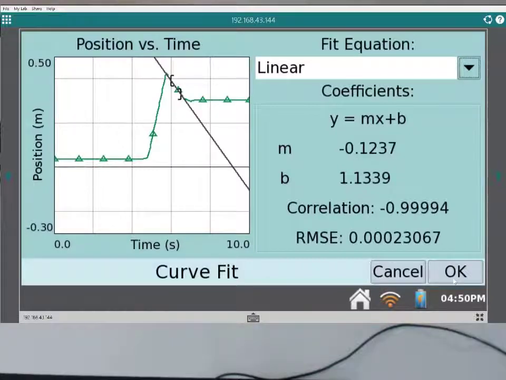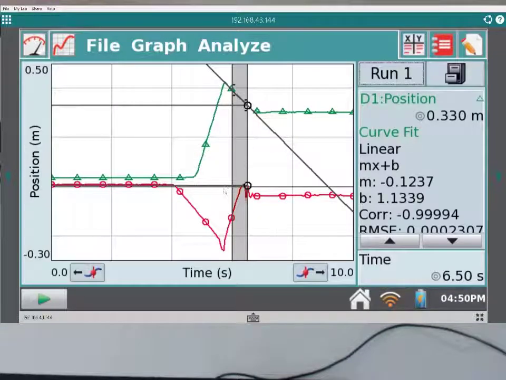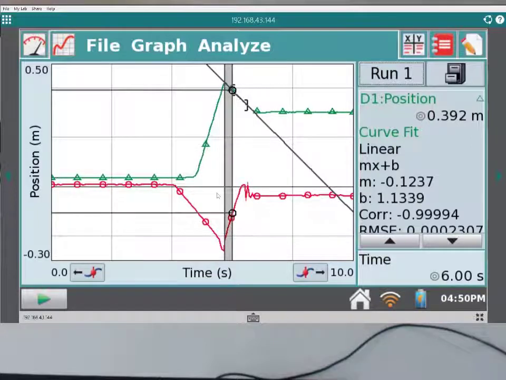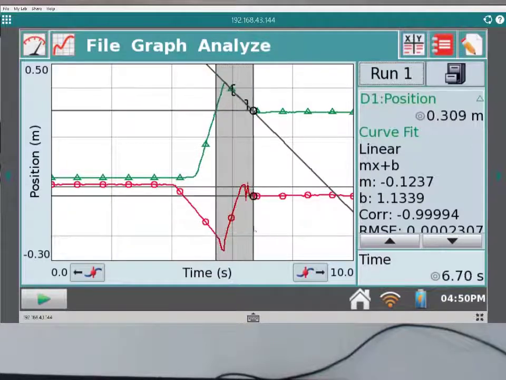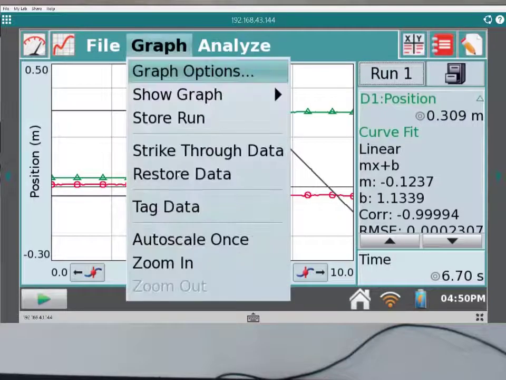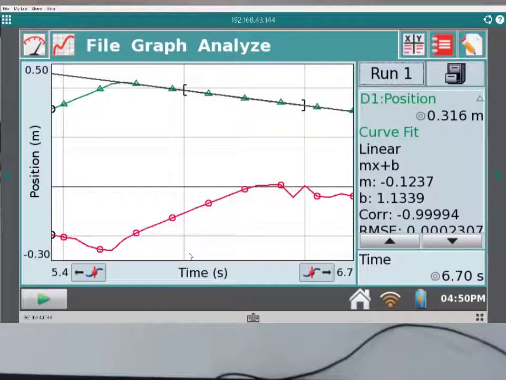And let's go look at the final velocity of our red cart. Now you see this noise down here, I don't want to include that. I want to get a nice portion of my graph. Easy thing to do is to just zoom in to make sure you're getting a nice clean portion. So see this junk over here? We don't want that. And we don't really want this weird dip.